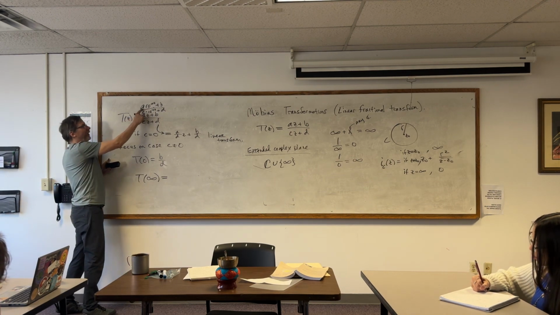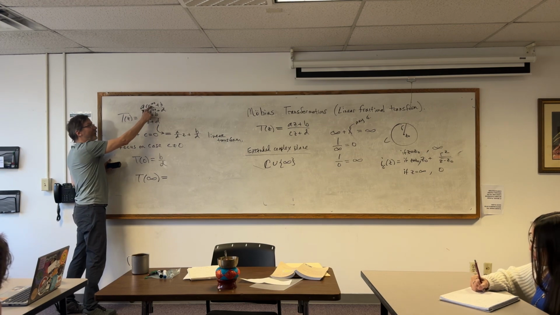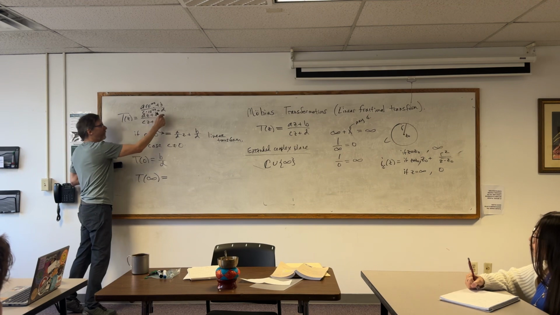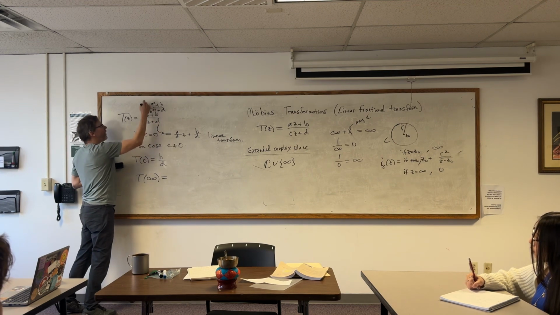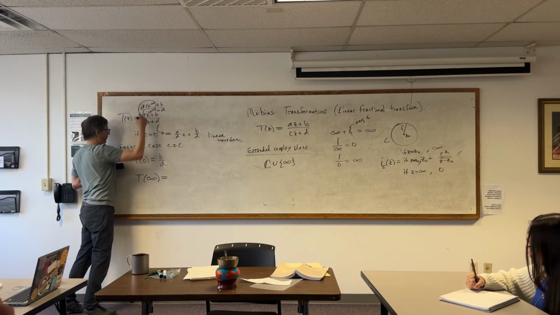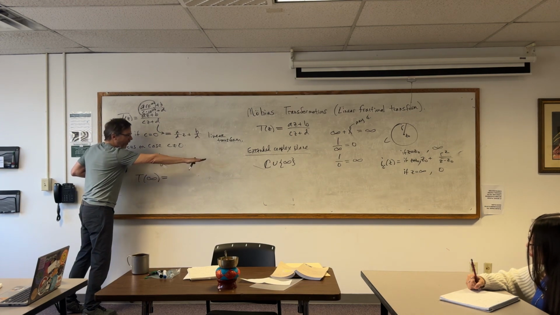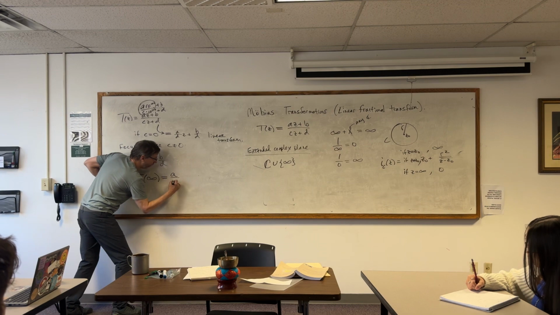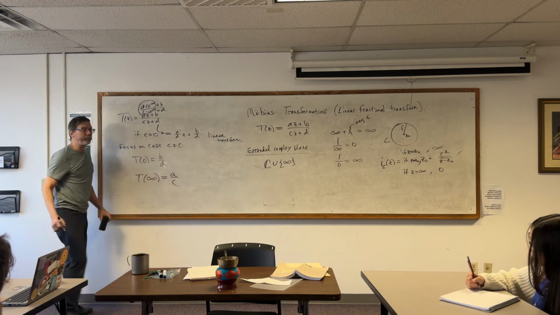Once I've got A times a googol plus a tiny bit over C times a googol plus a tiny bit, all that matters is this stuff here. So that's how your prof hopefully explained why this would also turn out to be A over C.